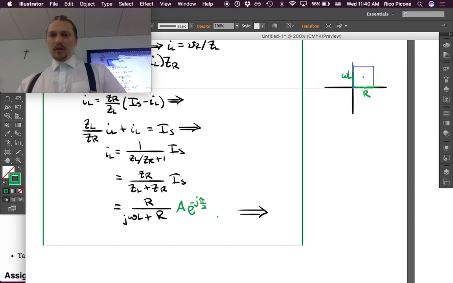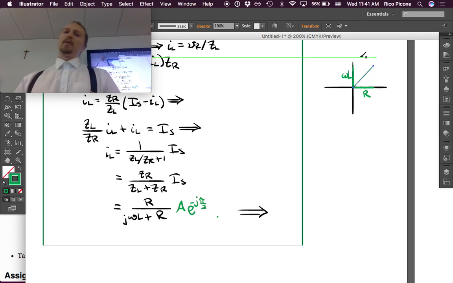And so our, oh yeah, there we go. I didn't mean to do that. There we go, that's what I wanted. A line. So what we want is to represent that instead of rectangular form, R, omega L, we want to represent it as a magnitude M1 and a phase phi1, right?